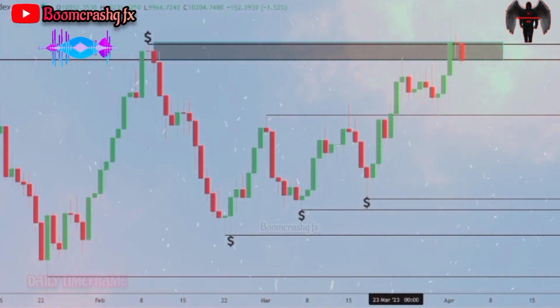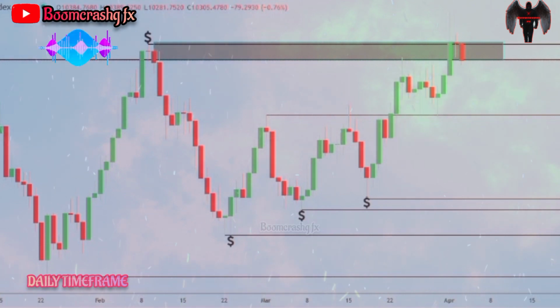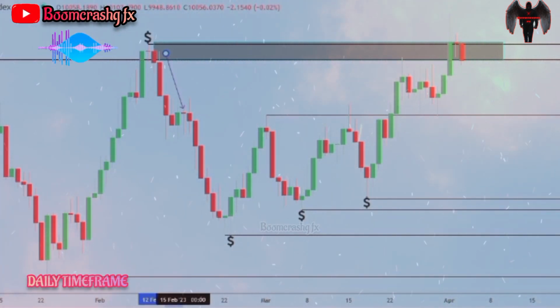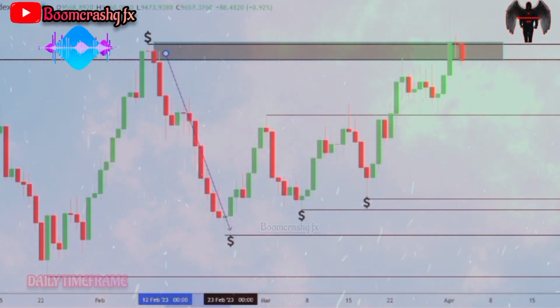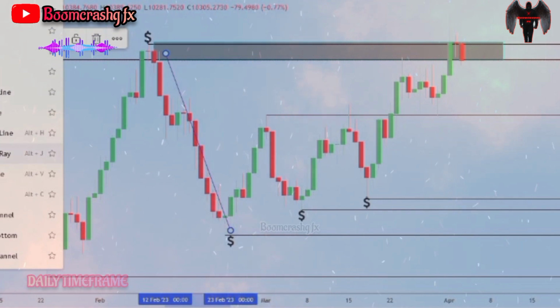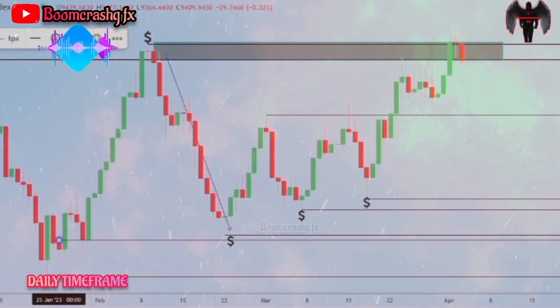So as we can vividly see, the market bounced down from this particular zone to this low to take out the OB here.